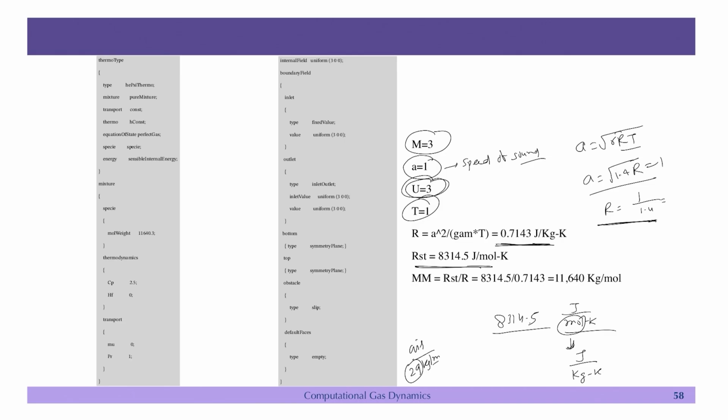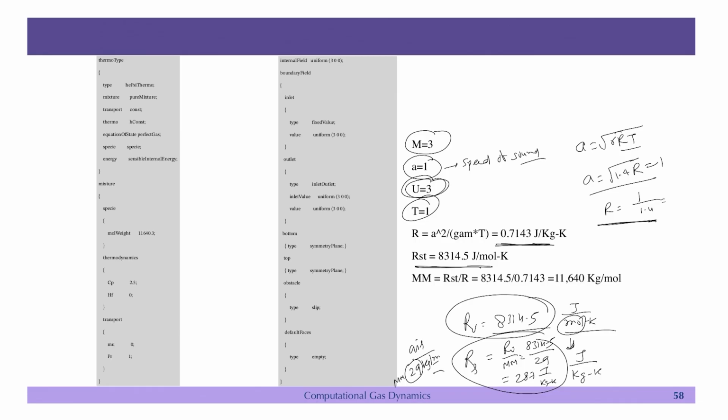So, this is my R universal, let me call it R_u, and to get the specific gas constant, R will be R_u by M, which is the molecular mass of the air. So this will be 8314.5 by 29, which gives you around 287 joule per kg Kelvin. That is how we convert from mole to kg.